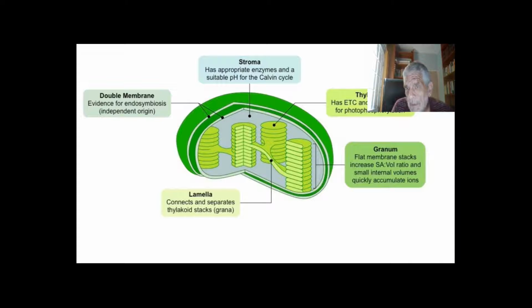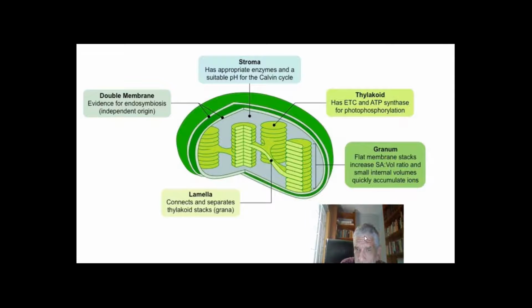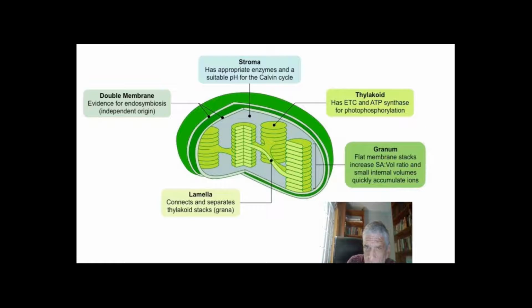And here we have a structure of a chloroplast. You might remember this from Unit 1, where we have a double membrane. And this also gives evidence for the endosymbiosis origin for the chloroplast.